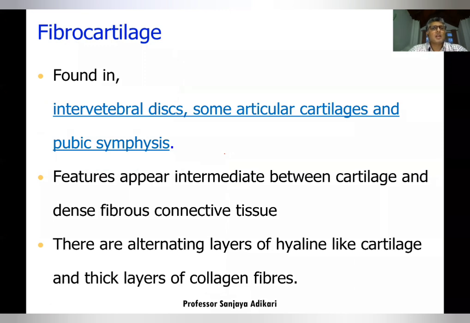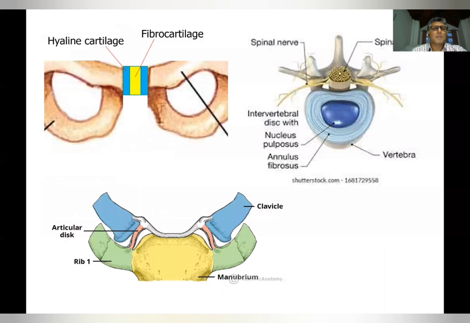Then fibrocartilage. Fibrocartilage is found in places like intervertebral discs, some articular cartilages, and the symphysis pubis. Now, in the symphysis pubis, this is your one hip bone, this is the other hip bone, your pelvic region.